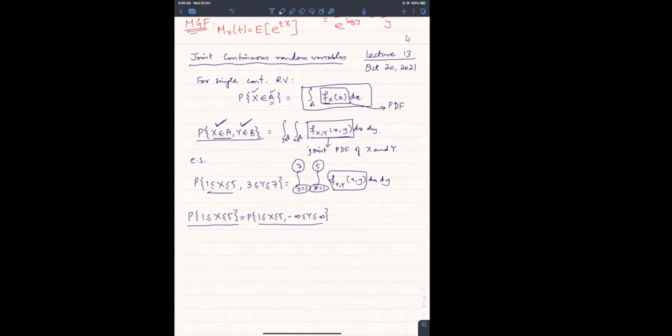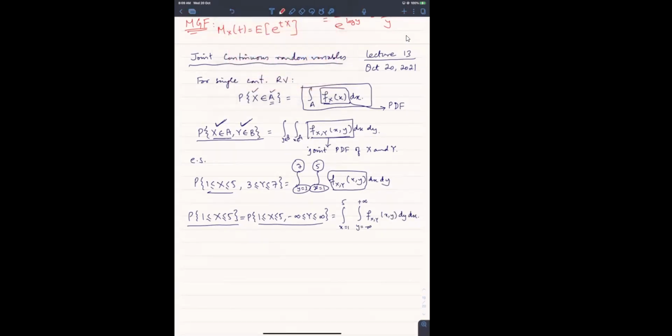Now this can be computed as the integral over x from 1 to 5, and y from minus infinity to plus infinity, of f_XY dy dx.